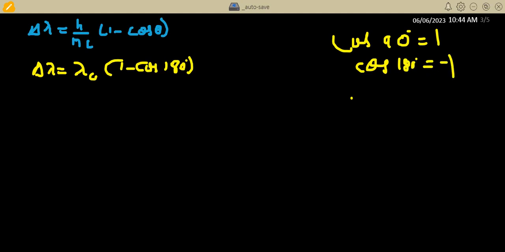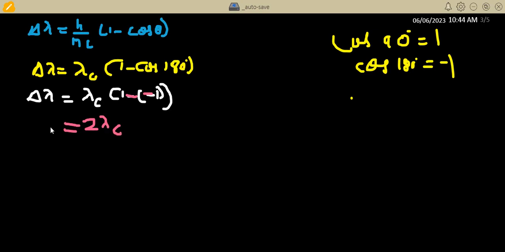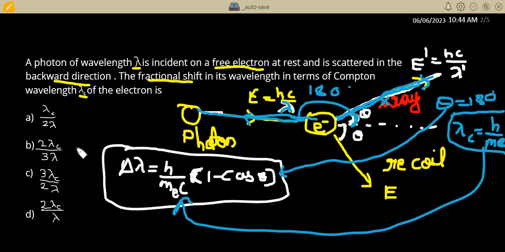Substituting, the change in wavelength is Compton's wavelength into 1 minus minus 1, so 1 plus 1, 2 lambda c, which is the change in wavelength of the photon. So we have found the shift.